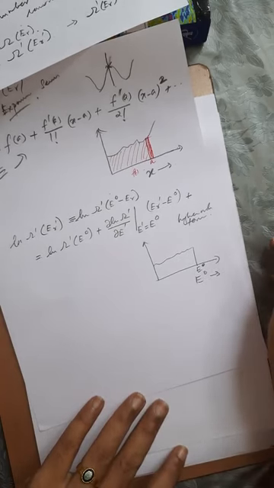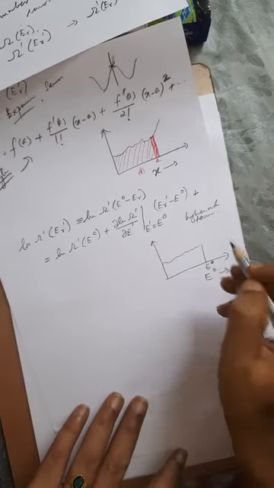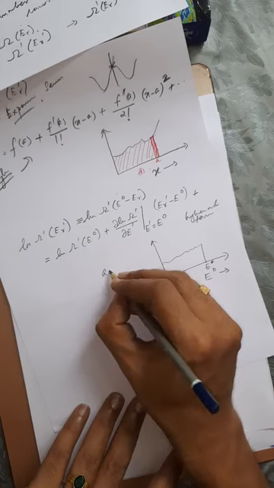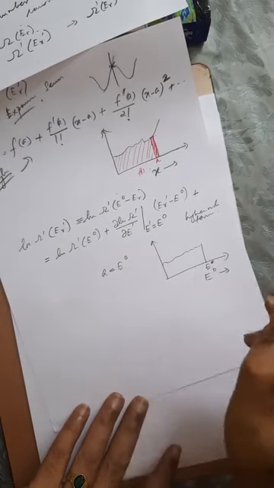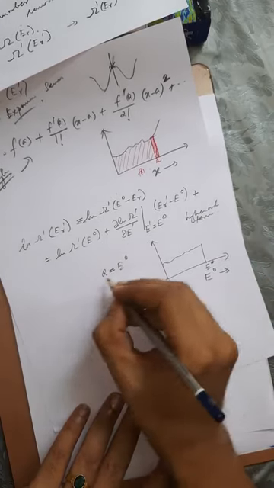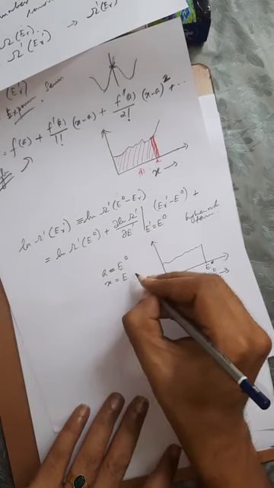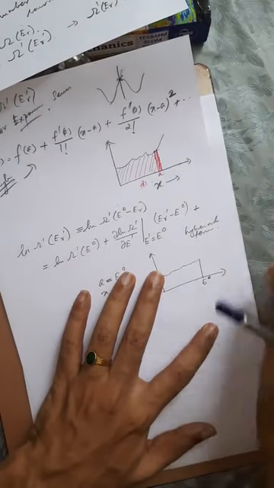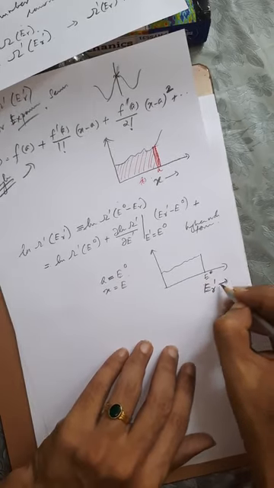Therefore, obviously, if I am expanding about E0, which means that my A in the Taylor series is E0, and x is equal to, sorry, I made a mistake. The scale is E_R dash.